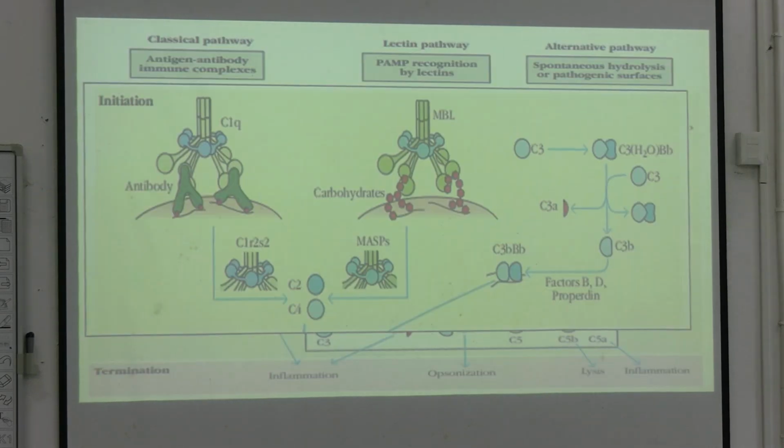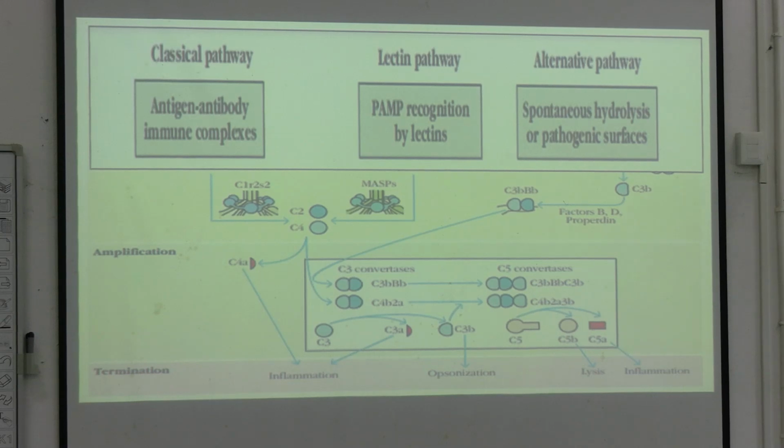Now there is one more pathway which is called the lectin pathway. What is this lectin pathway? In this pathway, PAMPs, pathogen associated molecular patterns, can detect some parts of the pathogen. What are these parts? Some of the sugars that are present predominantly in bacteria, like the fucose, the mannose, and ficolins.